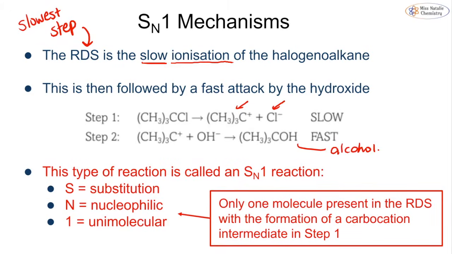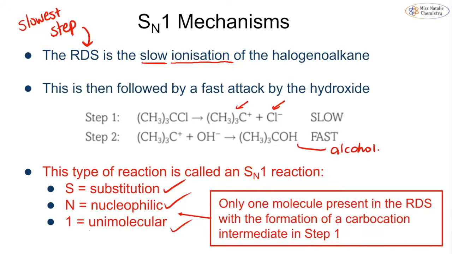What we call this is an SN1 reaction. SN1 stands for substitution, nucleophilic, unimolecular, meaning this is a nucleophilic substitution reaction and we only have one molecule present in the rate determining step.